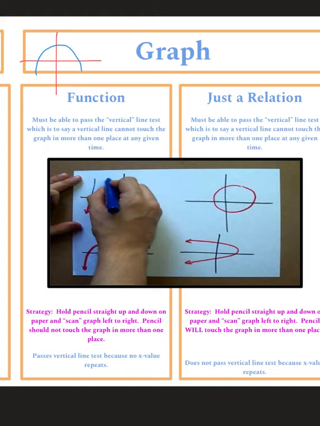So now to tell if a graph is a function, you perform a vertical line test. And hopefully you remember vertical is straight up and down. Okay, so I'm going to do the vertical line test. Drawing a line straight down. Notice that vertical line only went through the picture one time. No matter where I go on the graph, it only crosses through that image one time.